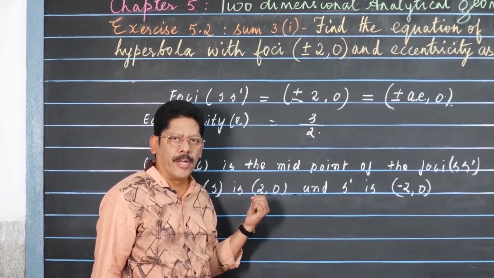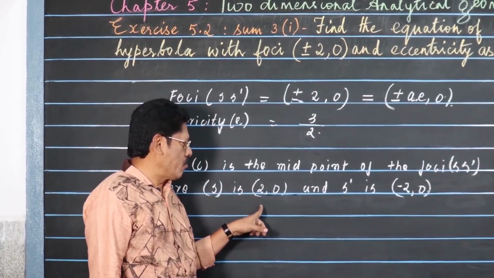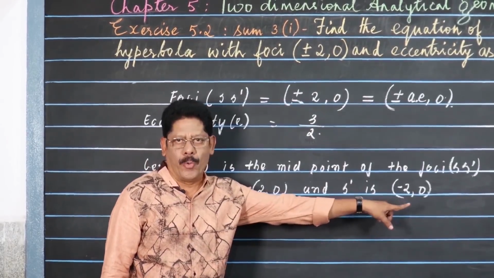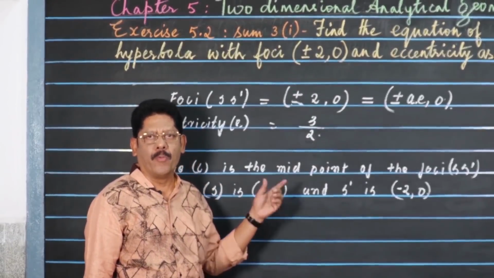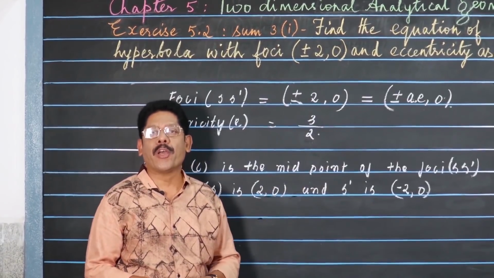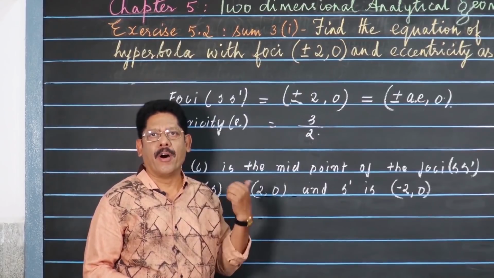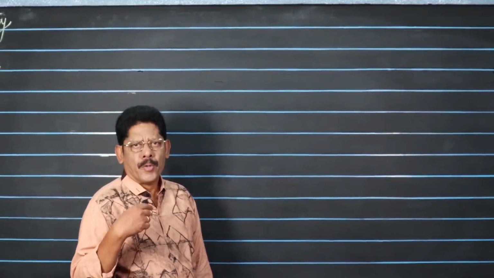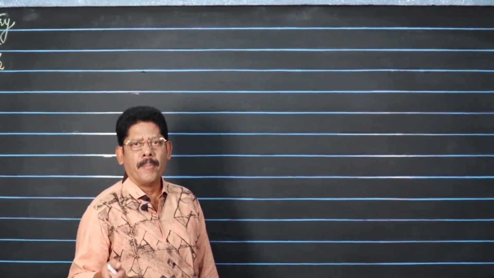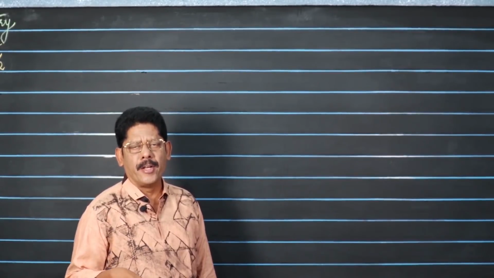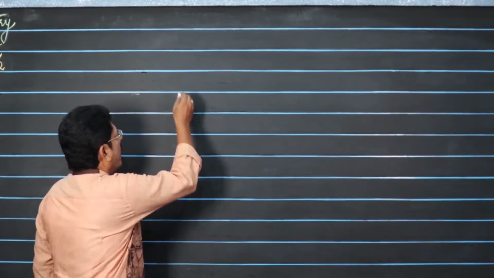And this will be denoted as x1, y1 and x2, y2. With the help of x1, y1 and x2, y2, you can find the midpoint. To find the center of the hyperbola, the midpoint of the foci has to be calculated using the midpoint formula.